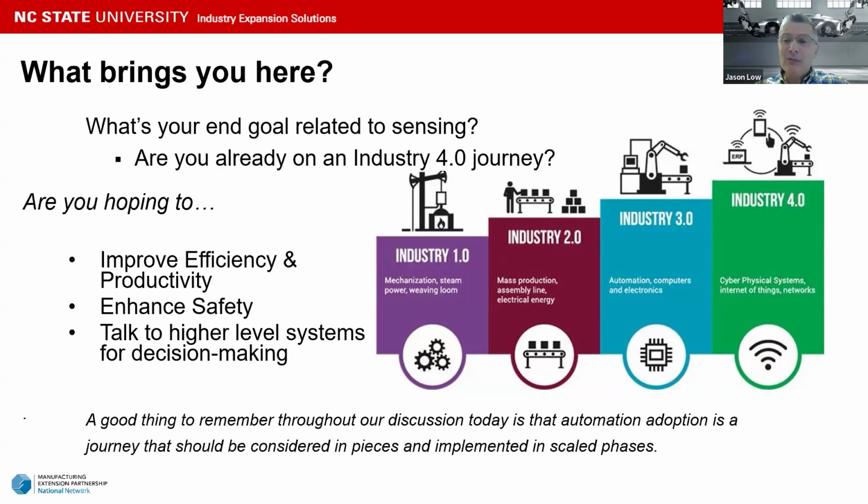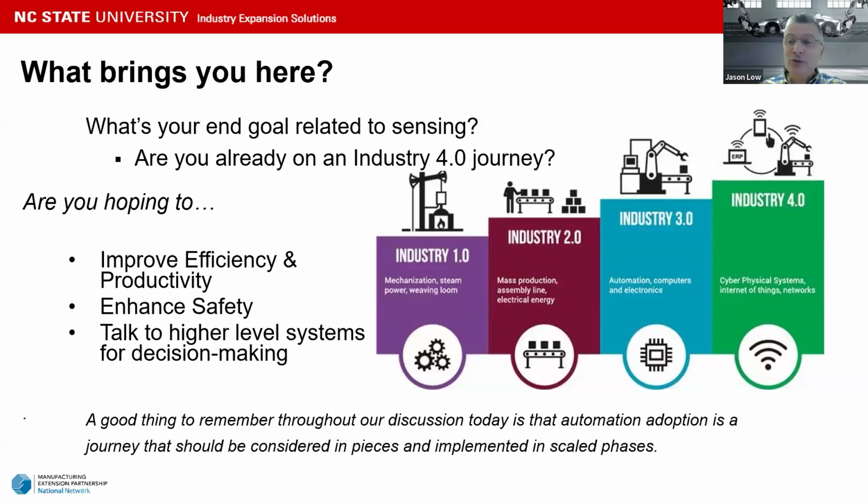So, as probably many of you have heard, this journey of Industry 1.0 to Industry 4.0, and in this area of Industry 4.0, this is really where we have these smart sensors. And people are talking about Industry 5.0, which we really won't get into at all today.